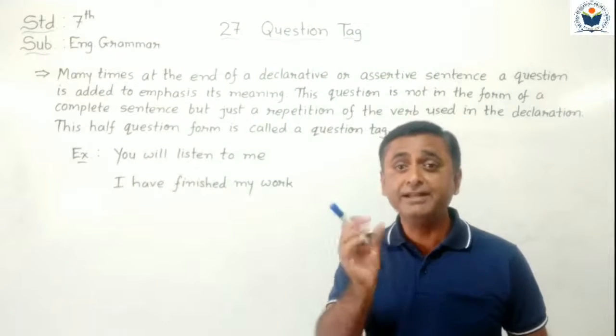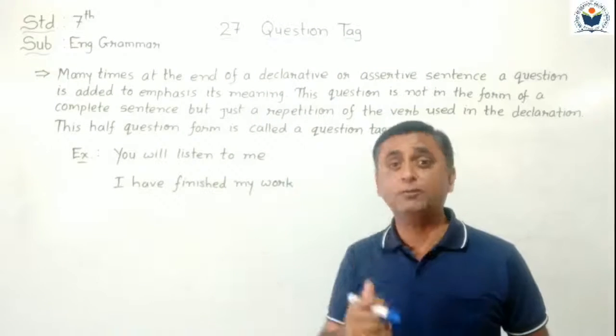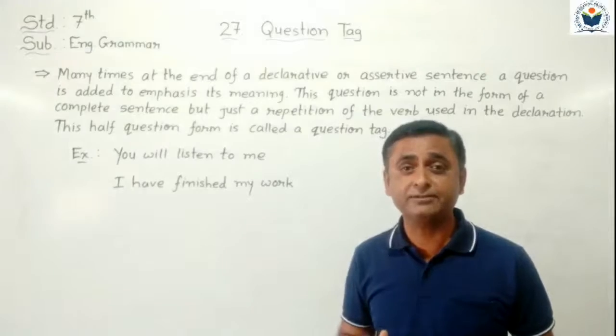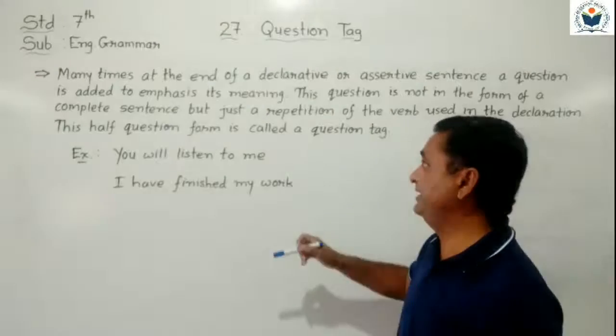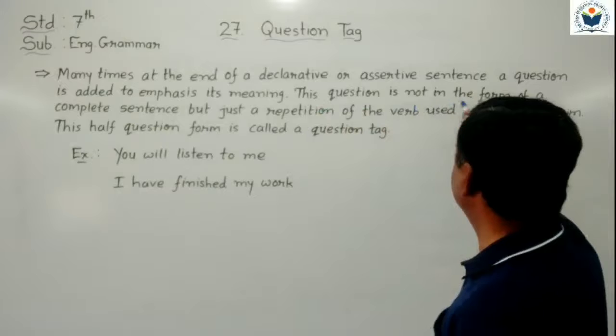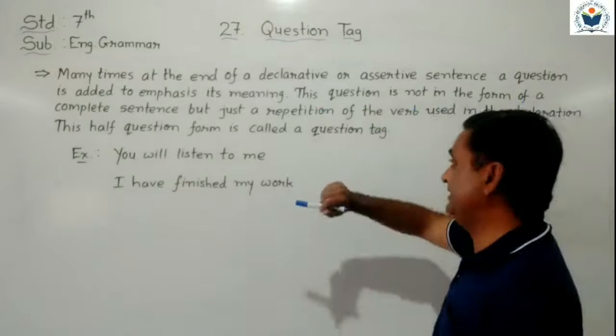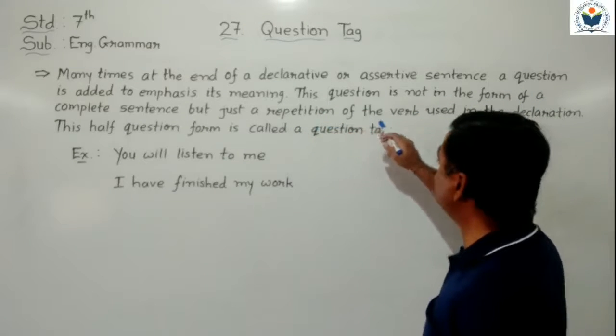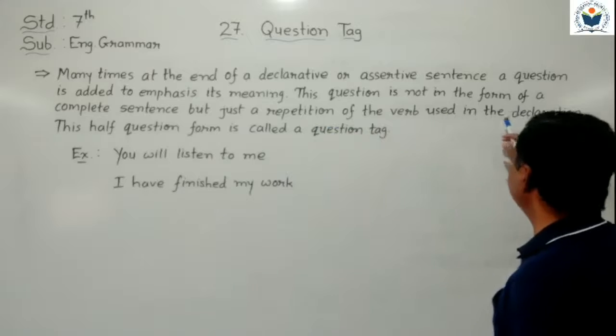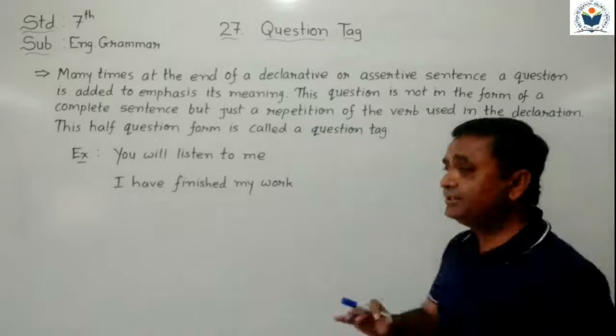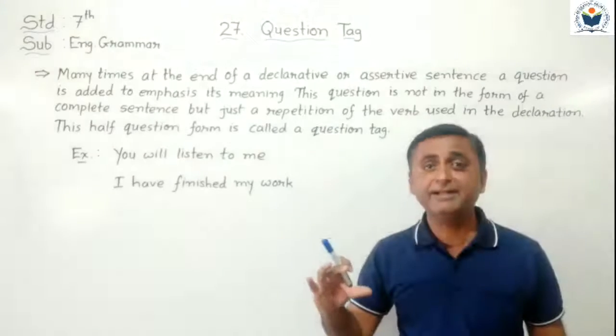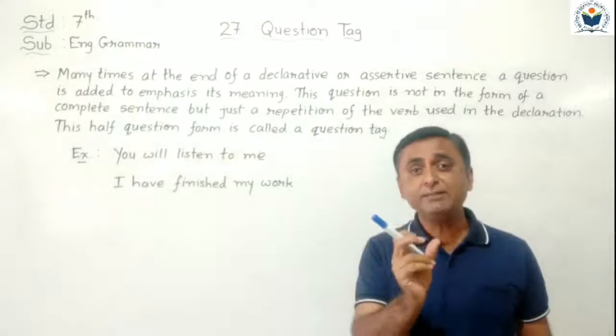It is known as a question tag. This question is not a complete sentence, but just a repetition of the verb used in the declaration. It is not a new sentence added to the end. It is a little bit of a sentence.